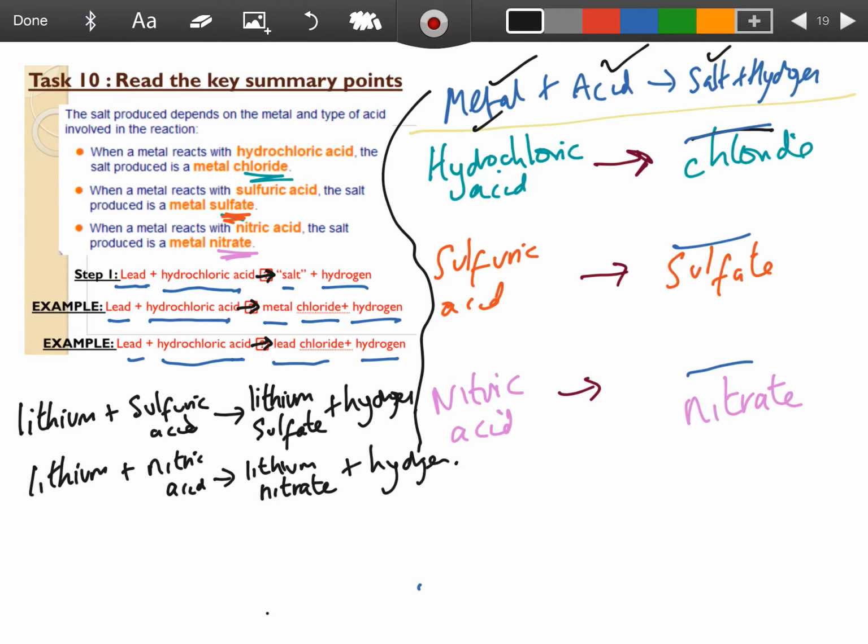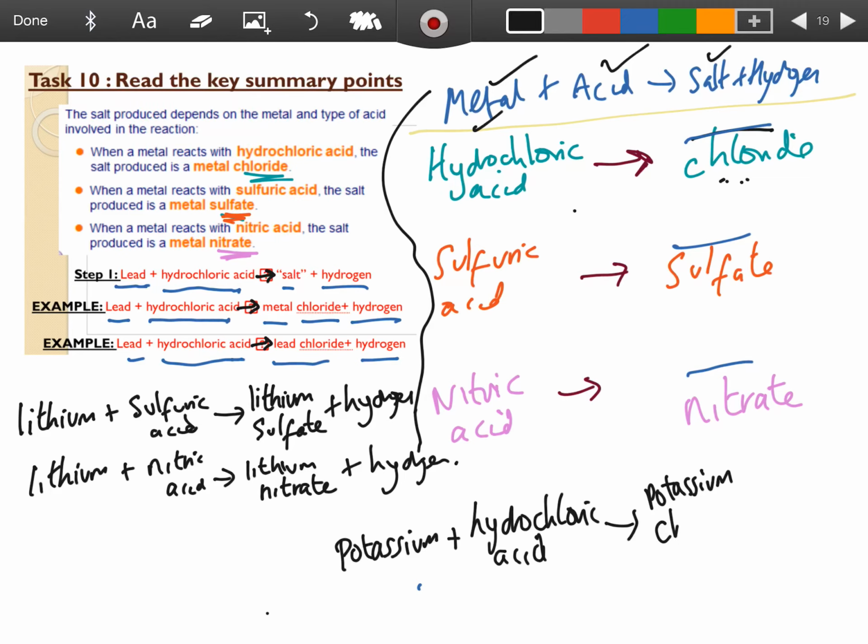I could say I want you to react potassium with hydrochloric acid. Okay, so potassium is my metal. My acid, I've been told, is hydrochloric acid. I go to my table. Hydrochloric acid makes chloride. But first, I need to put the name of the metal.